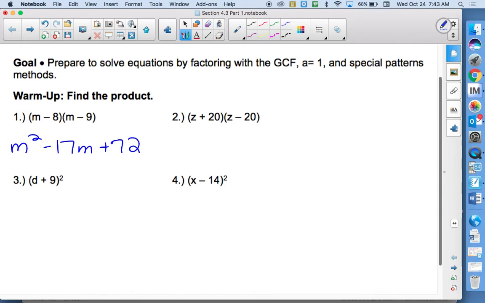Odette, what do you have for number 2 with z plus 20 and z minus 20? So with these two binomials, that's what they're called when there are two pieces in the parentheses, they're the same, except we have opposite signs.